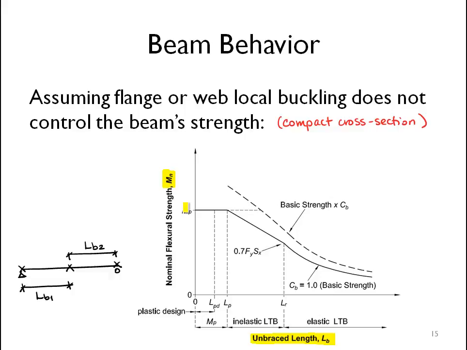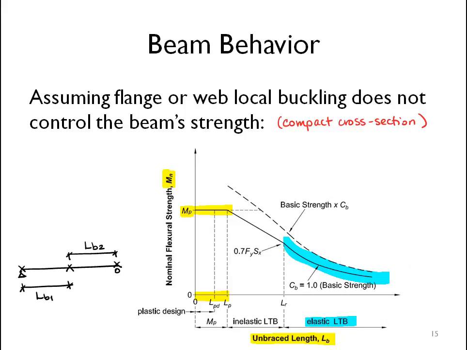For very short unbraced lengths, we're going to be governed by the plastic moment of the material, or of the cross-section. So we have this plateau region for unbraced lengths that are relatively small. When we look at very, very large unbraced lengths, our behavior looks a lot like the elastic buckling portion of our column curve.